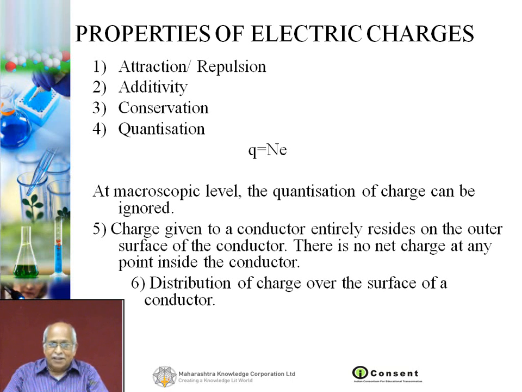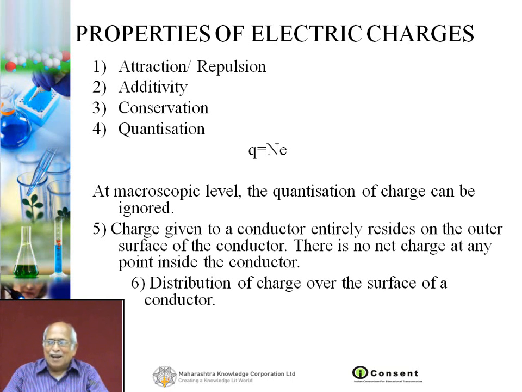So if we are considering charge on atom, charge on ion, total charge of some molecule, we have to consider this quantization. But if we are dealing with a quantity of charge very much greater than charge of electron, then this quantization has no significance. This is called macroscopic level. Macroscopic, not microscopic.